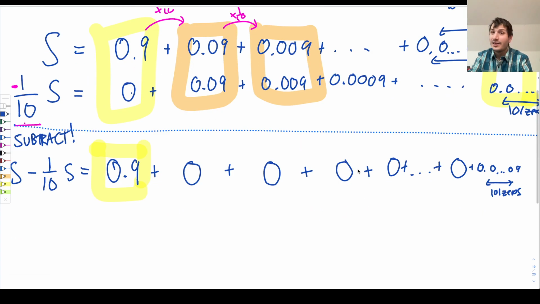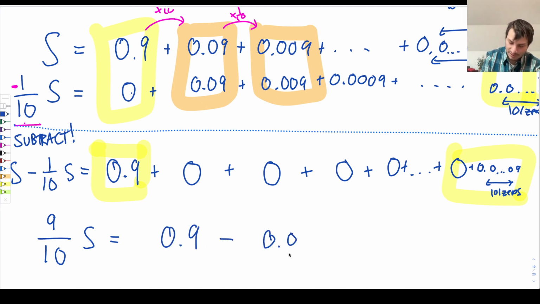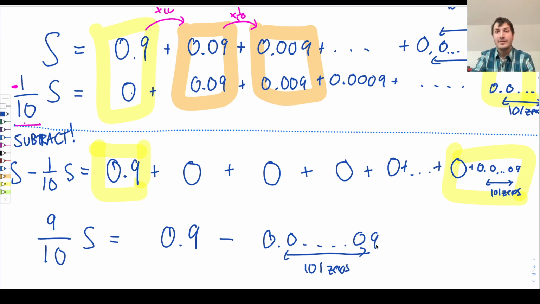And there you go. Look, we have a super good equation that we have simplified quite a bit for s minus 1/10 s. You start with a whole s, you subtract off a tenth, you're left with 9/10 s on the left-hand side. On the right-hand side, you have 0.9 minus 0.0, 101 zeros, 9, that number.